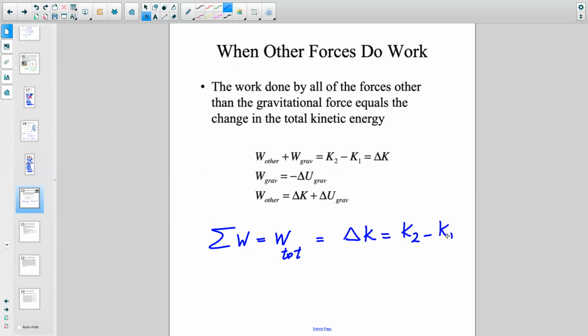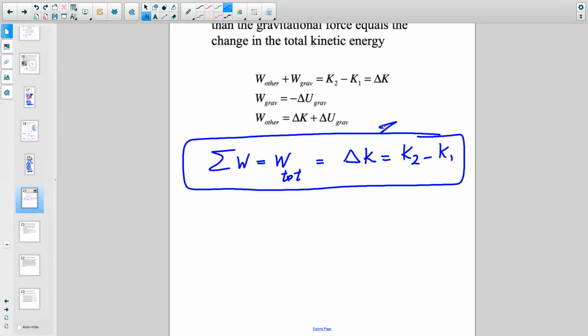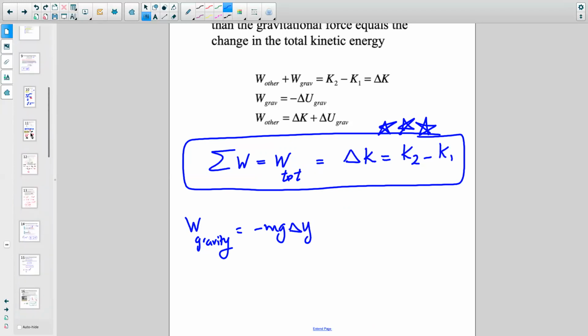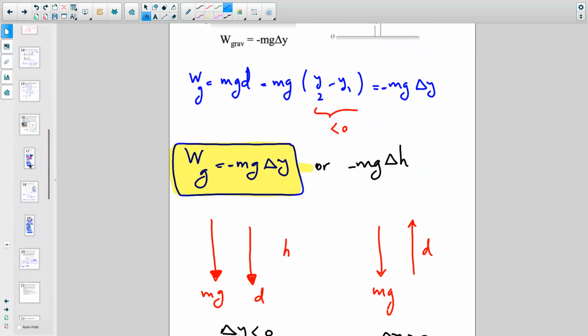Now, what was the work of gravity? You remember what it was? Negative mg delta y. If you don't remember, I have it right here in the first video. Go ahead and check it out. W of gravity is negative mg delta y.